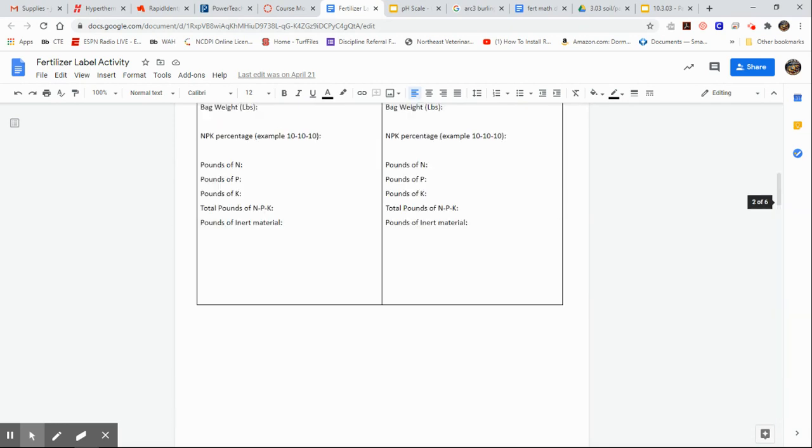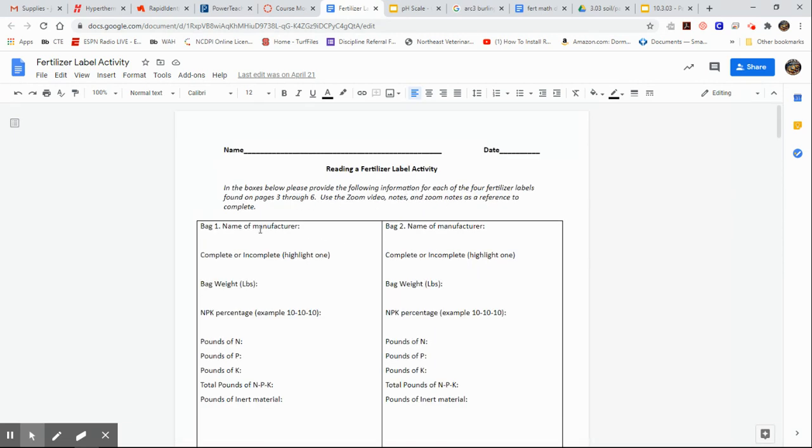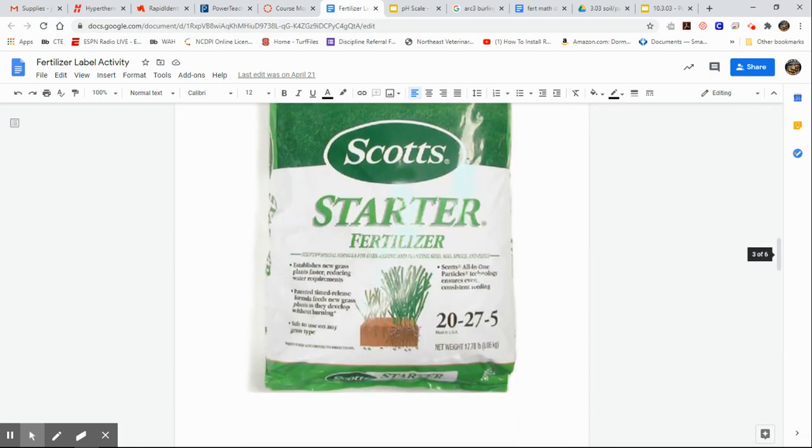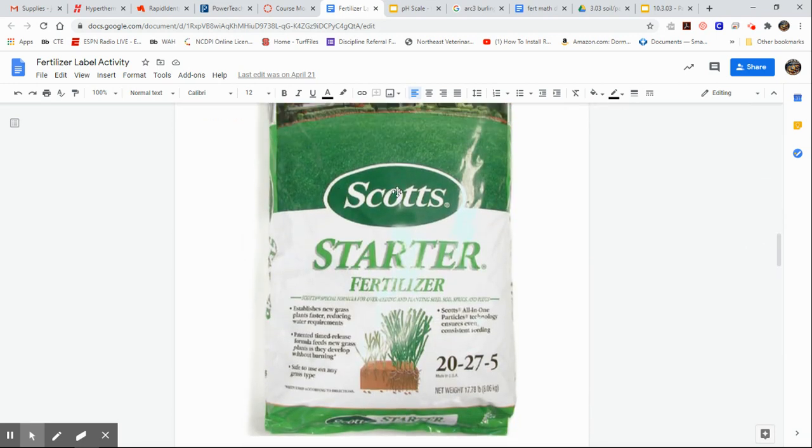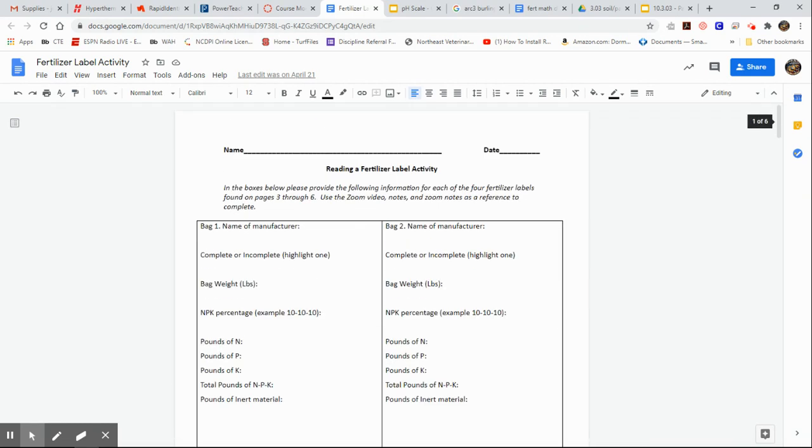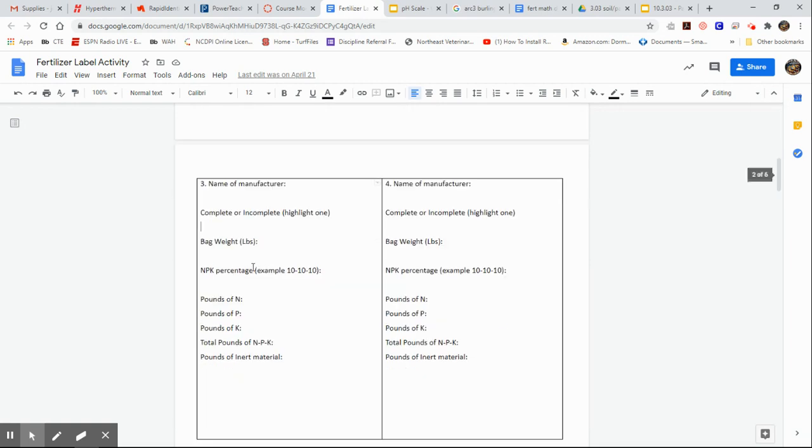These will be the bags that you use for the corresponding problem. So the first thing that you're going to do is write the manufacturer. If we go down to bag 1, the manufacturer is who actually makes this fertilizer. So that would be Scotts.